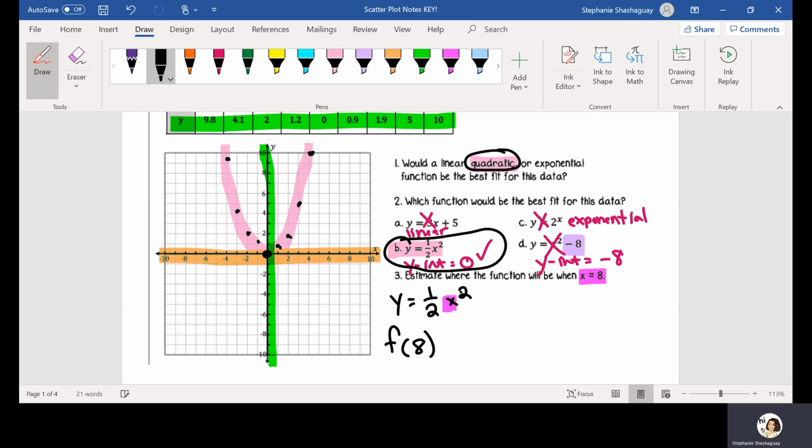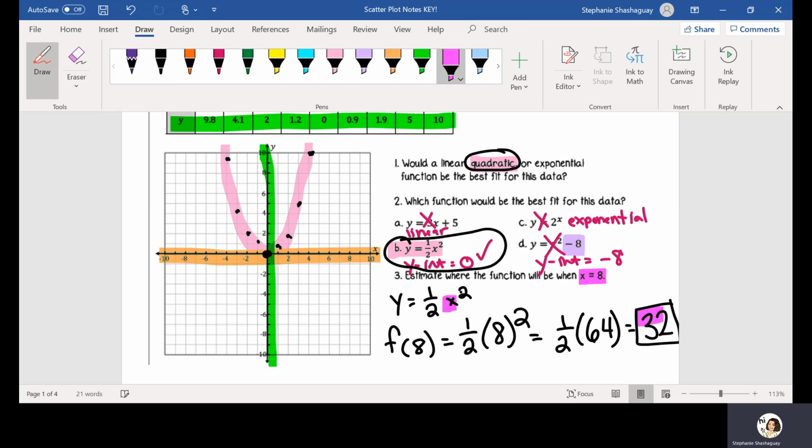Again, remember, f of x is just a fancy way of writing y. So f of 8 is equal to 1/2 times 8 squared. Well, 8 squared is equal to 64, so I'm going to have 1/2 of 64, which is equal to 32.